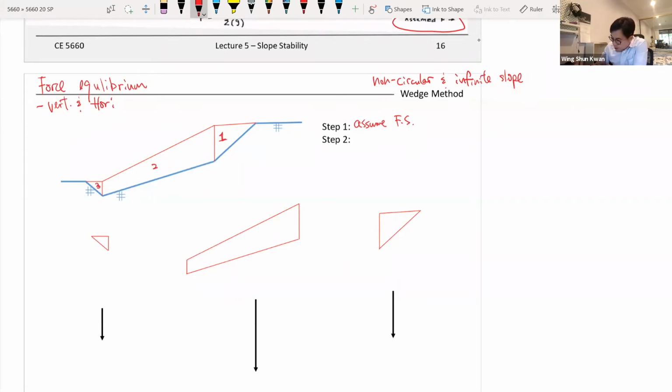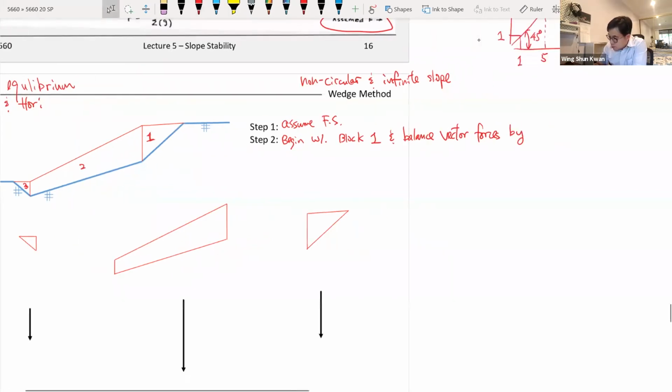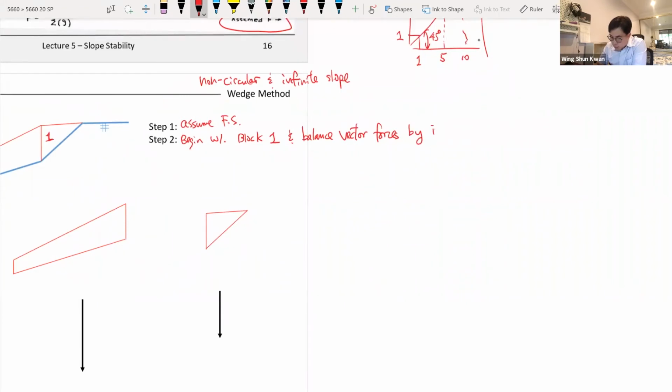And then you will begin with the first block and try to balance all the vector force by iterating the factor of safety.